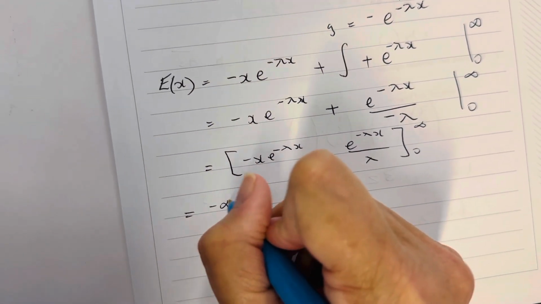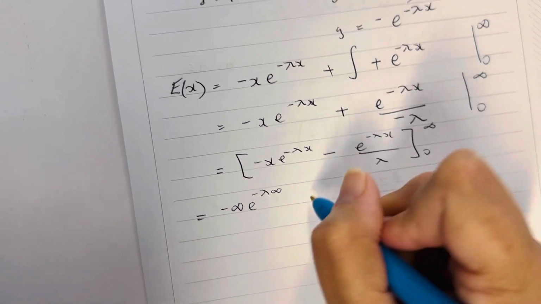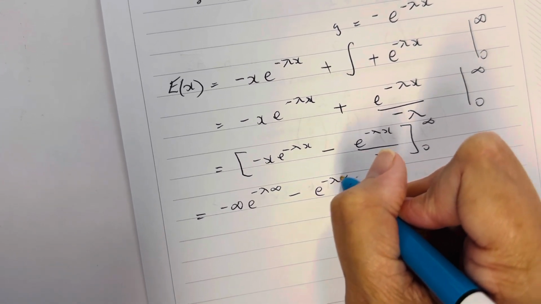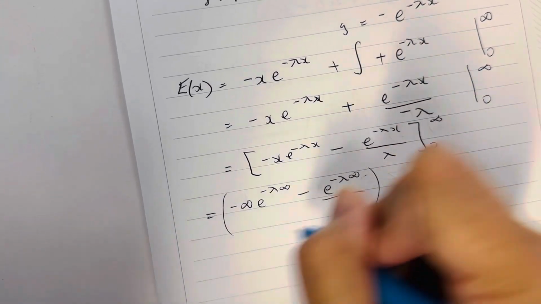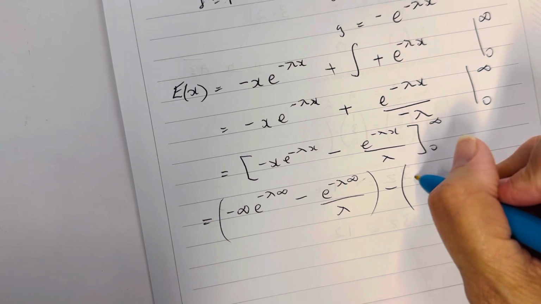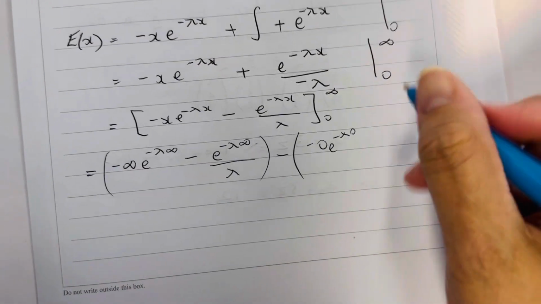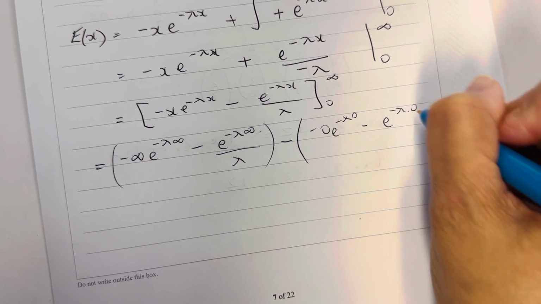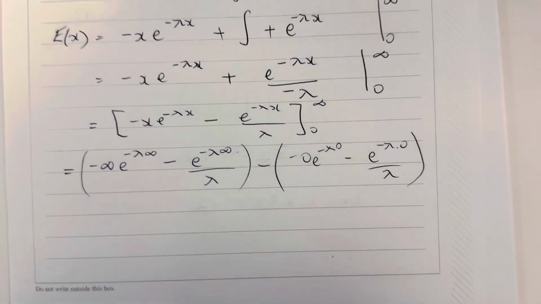So we're going to have negative infinity e to the negative lambda infinity, take e to the negative lambda infinity over lambda, take negative 0 e to the negative lambda 0, take e to the negative lambda 0 on lambda. So we've put it all in.